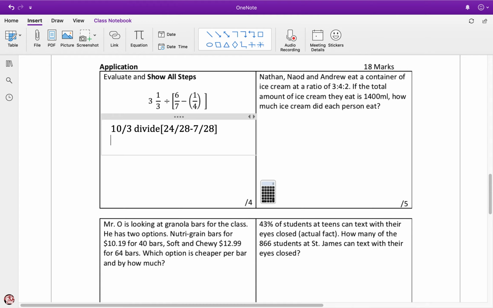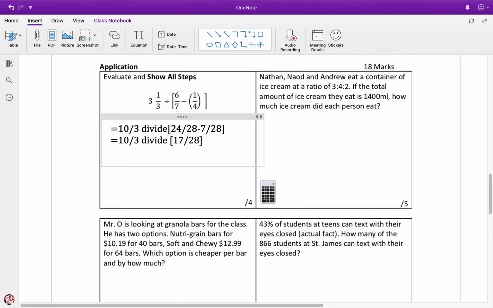So I'm going to have, equal, I have 10 over 3 divided by, and then I have, still in my brackets, 24 minus 7 is going to equal 18, no, 17, over 28.